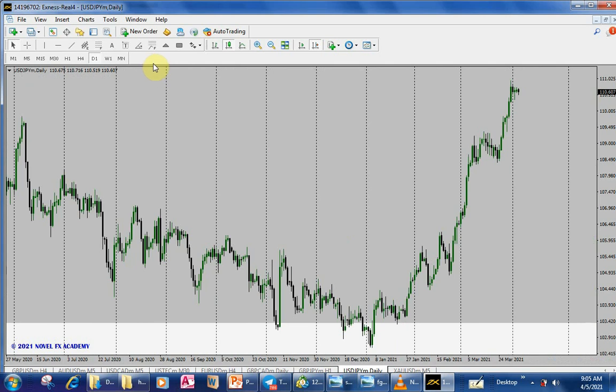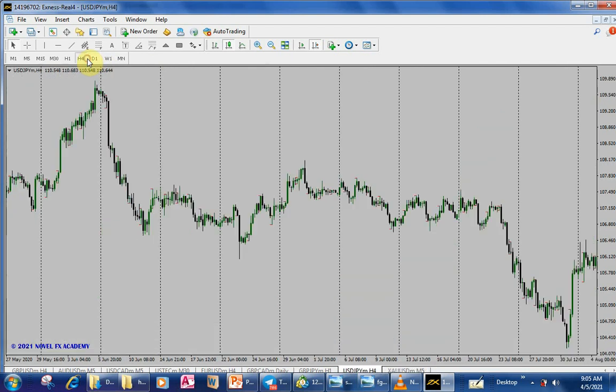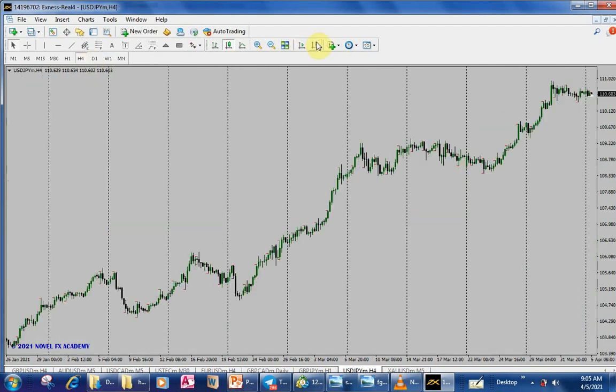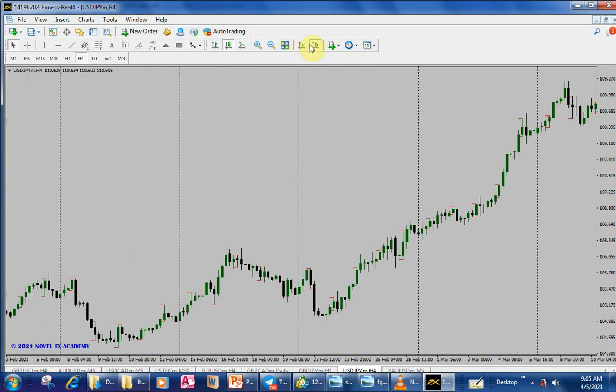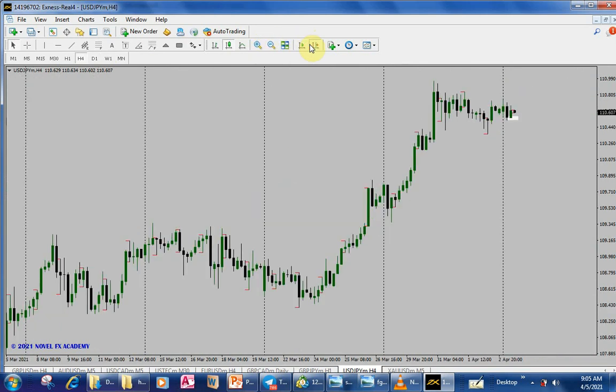Let me zoom out to the recent data where I actually expect price to go. Okay, like I said, you can use OB to determine directional bias, so you do not expect a break below previous OBs.